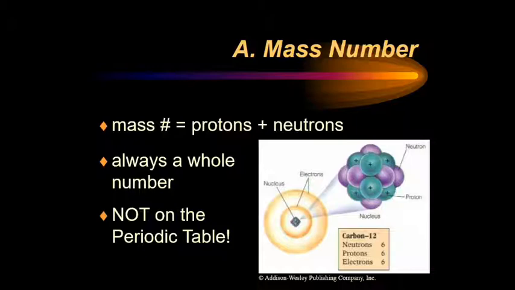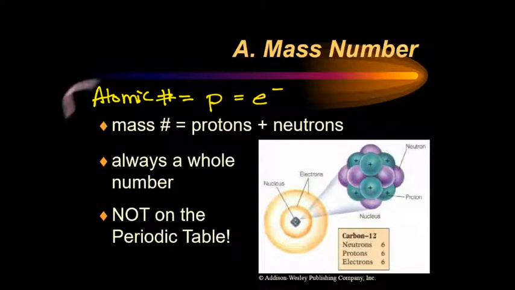So if I go back to what we had just talked about previously, getting our important information in there, your atomic number is equal to protons. It's also equal to the number of electrons. So your mass number is equal to protons plus neutrons. That is quite important too.